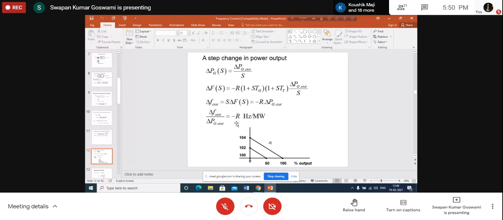That will be represented by R, because this ratio is equal to minus R. Why minus R? Because when delta PG is positive, the change in frequency will be negative. That means frequency will decrease following an increase in output, and frequency will increase following a reduction in output. That's why it is a minus sign.